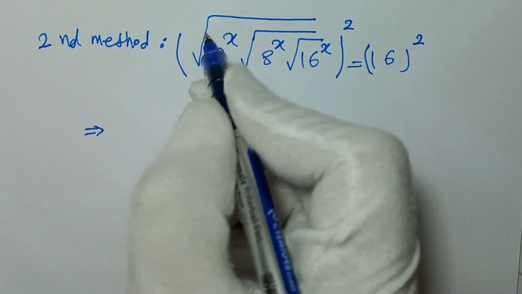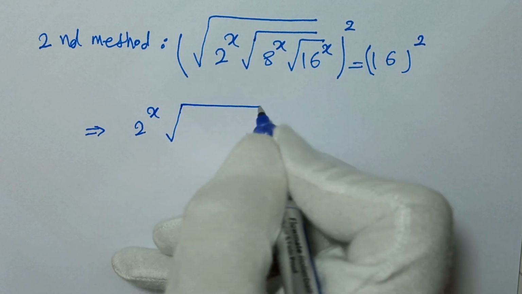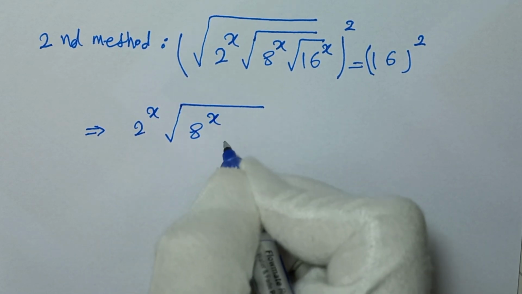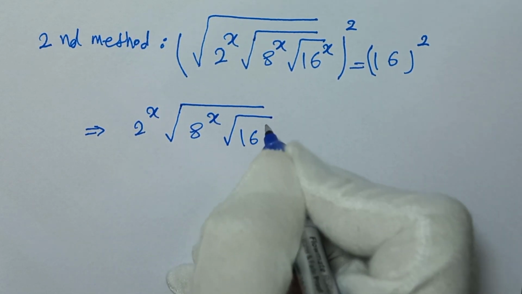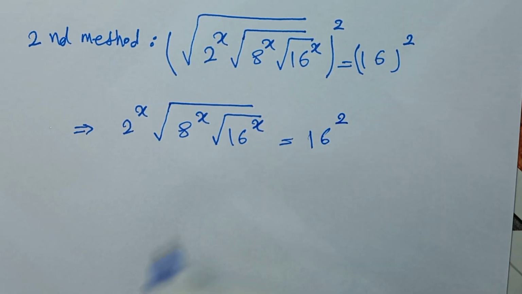This square root will cancel, and it will be 2 to power of x times square root of 8 to power of x and square root of 16 to power of x is equal to 16 to power of 2, right?